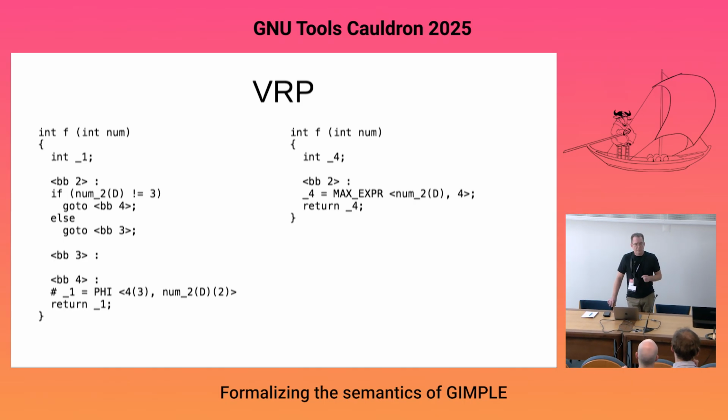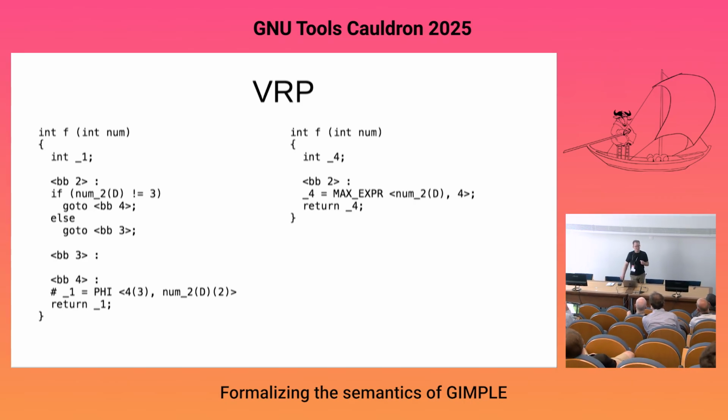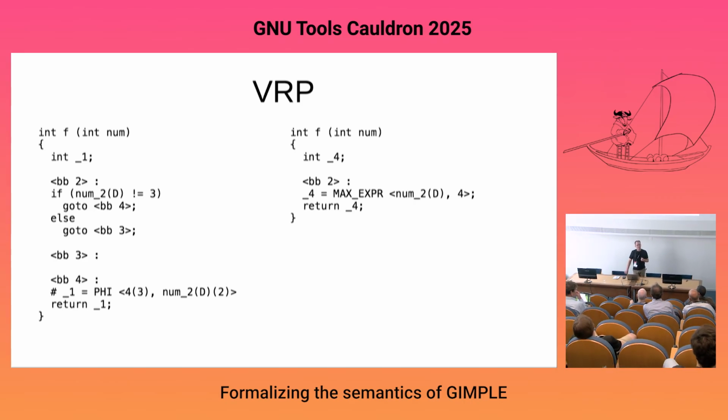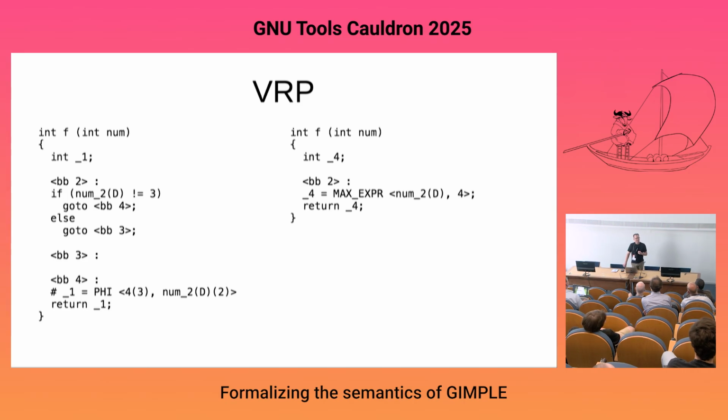But does it print that for each pass? I only think it does when it's changed. Yes, it does print for each pass for all the SSA names. It prints above it a comment where it says it has this range and this mask. Okay.